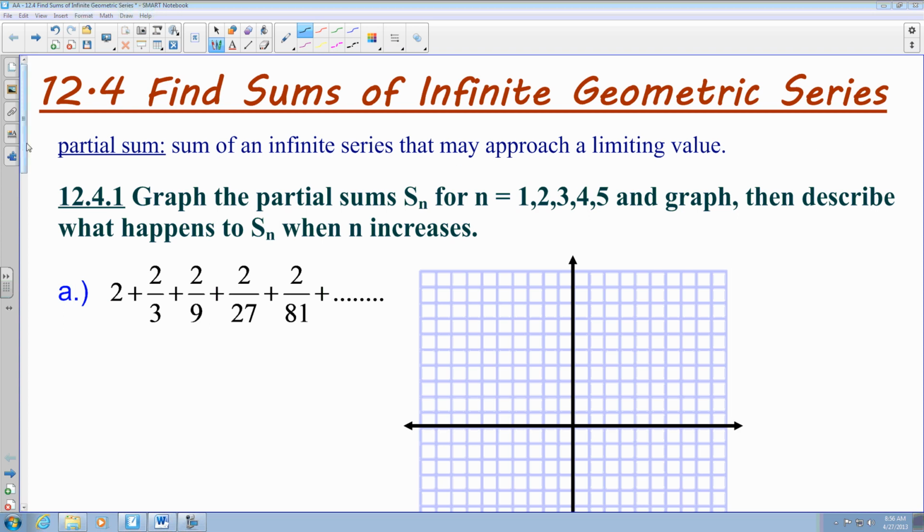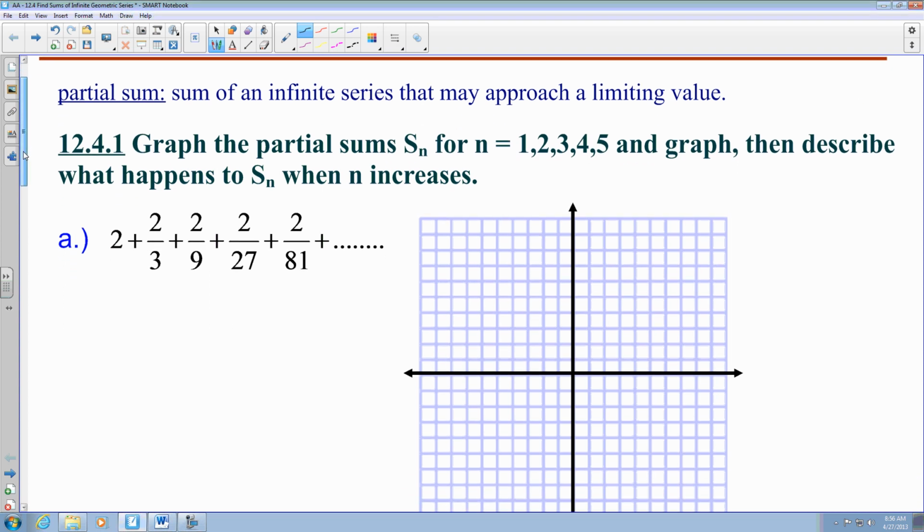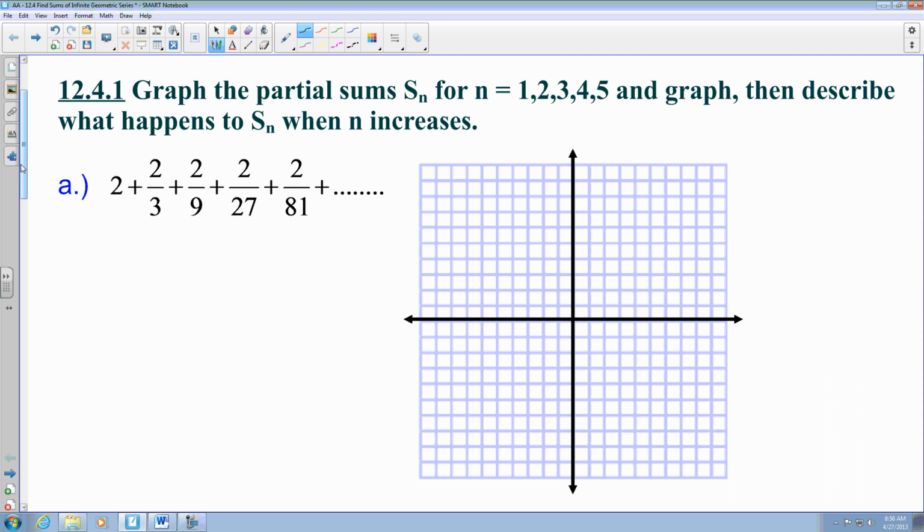If you look at the graph here with example A, they want you to graph the partial sums of S of n using n as 1, 2, 3, 4, and 5, and then describe what happens when n increases really, really large.